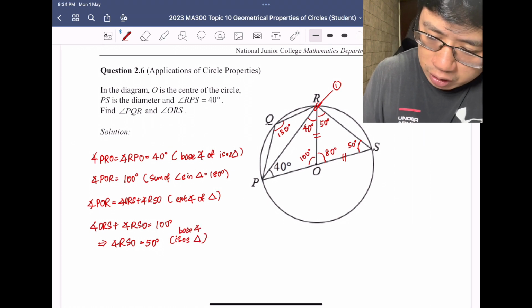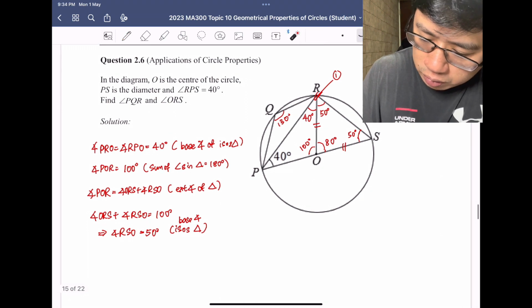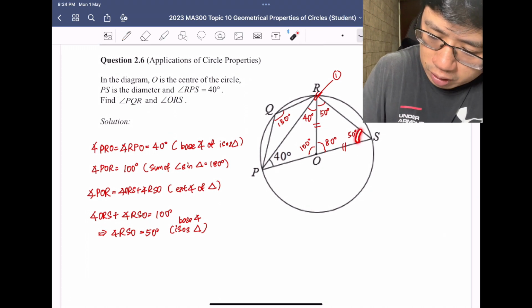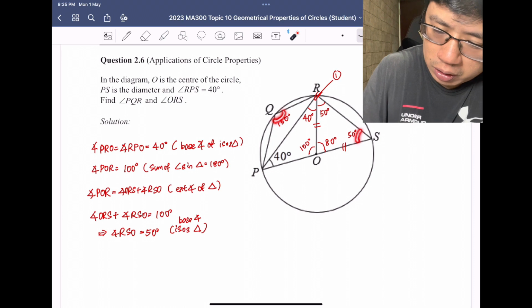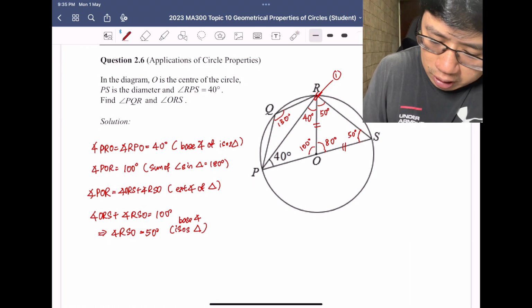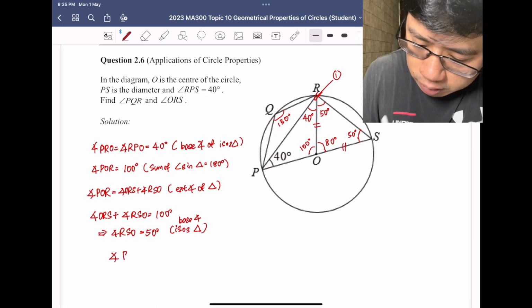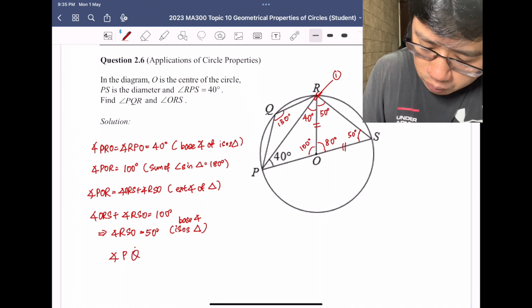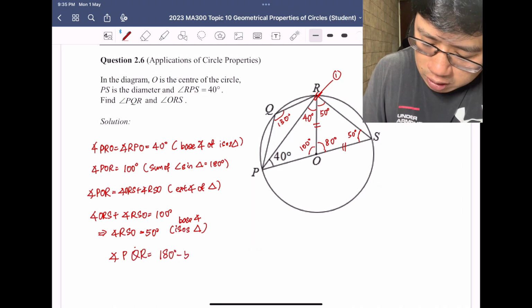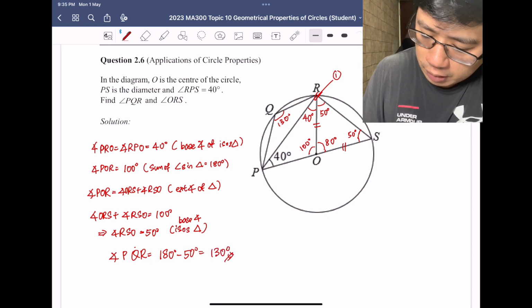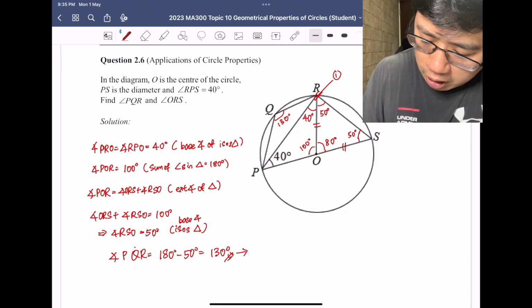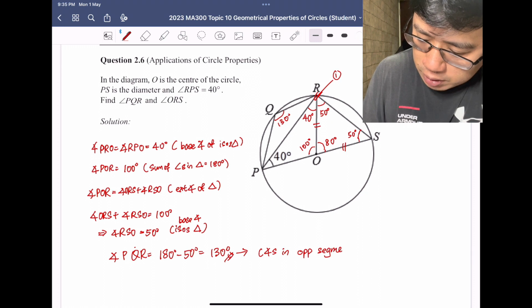Now, given that I know that RSO is equals to 50 degrees, angle PQR will be equals to 180 subtract 50 degrees, which is equals to 130 degrees, and this is because I have angles in opposite segment. Okay, angles in opposite segment.